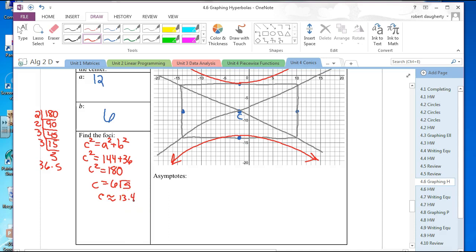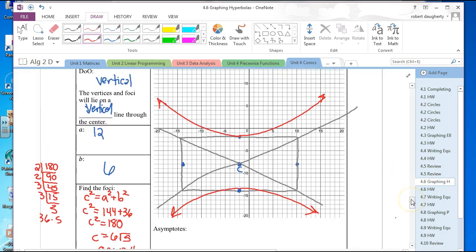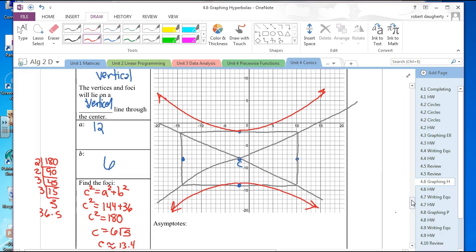Okay. So by definition, C is always the distance from where to where? From the center to a focus, okay? So where are the foci going to be on this hyperbola? Up or down, left or right? Up and down. One is going to be up here. So this is negative 8 plus about 13. So that's going to be about what, 5 something?